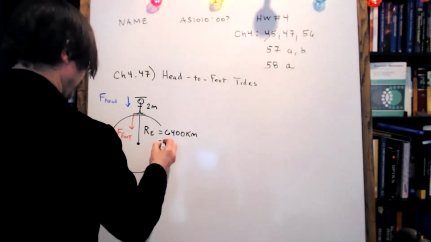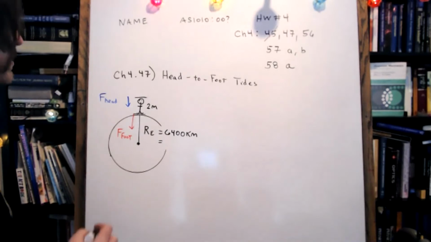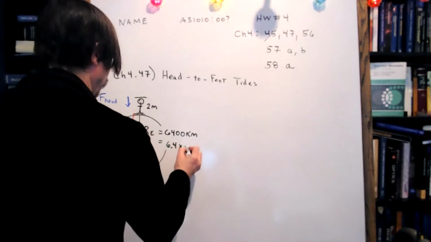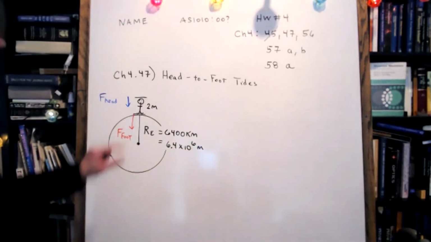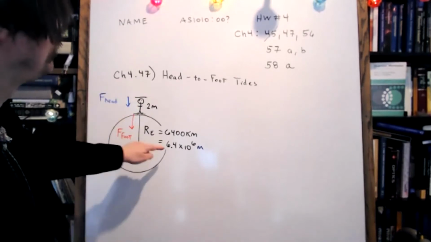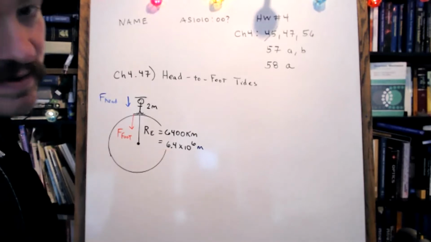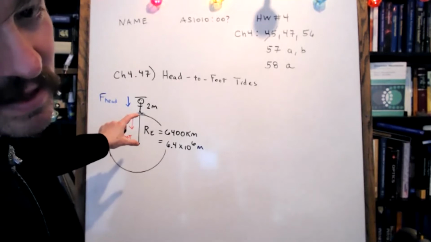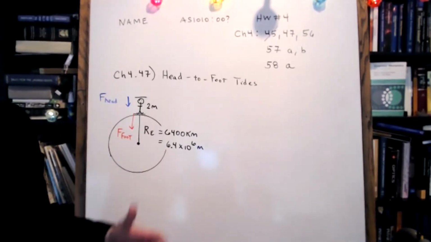It would be 64 times 10 to the 5th, which is the same thing as 6.4 times 10 to the 6. In other words, it's 2 meters versus 6 million meters. The radius of Earth is 3 million times bigger than the height of a man. Does that help?